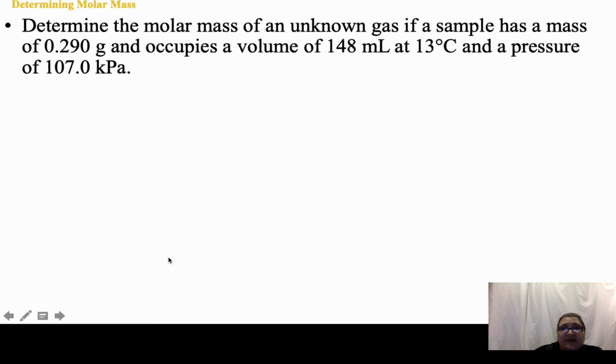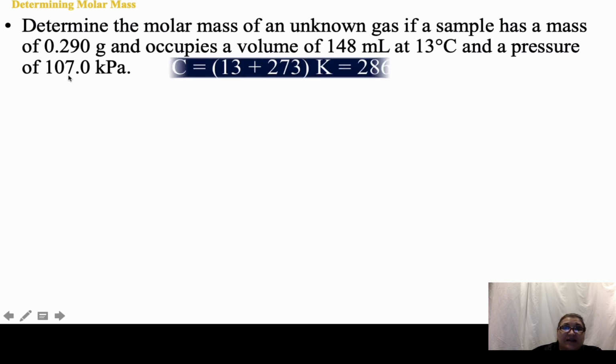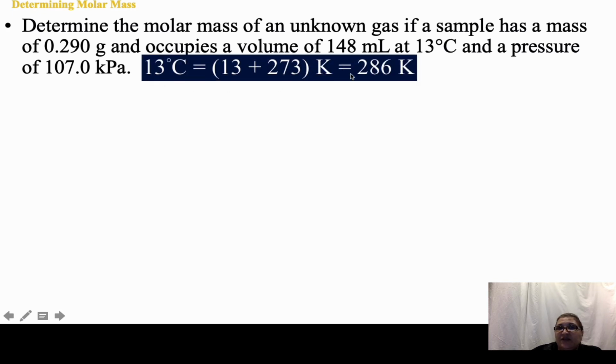Let's do one example. Determine the molar mass of an unknown gas if the sample has a mass of 0.29 grams, occupies a volume of 148 milliliters at 13 Celsius, and the pressure is in kilopascals. First thing we have to do is convert Celsius to Kelvin, so add 273.